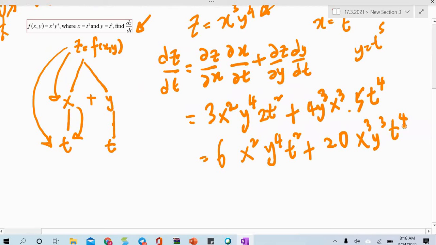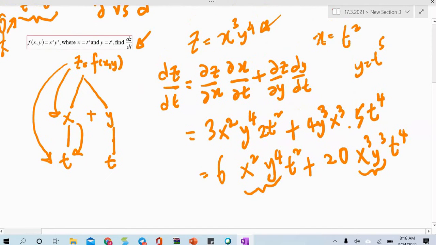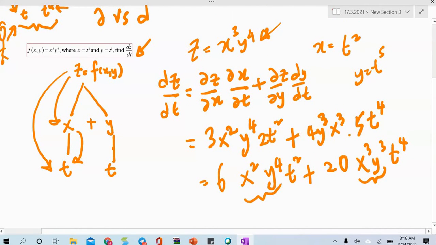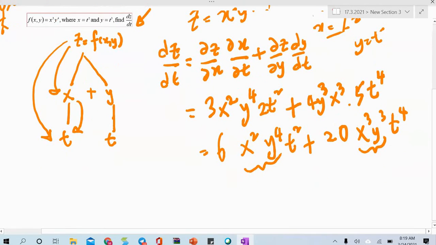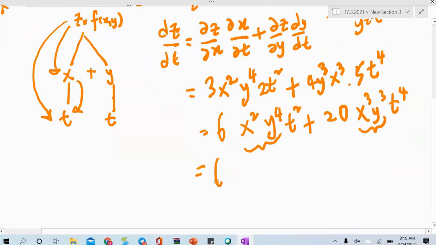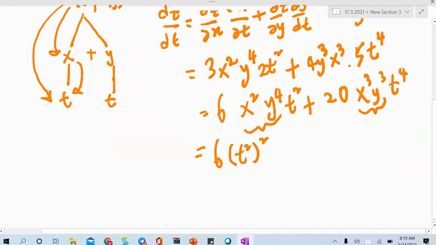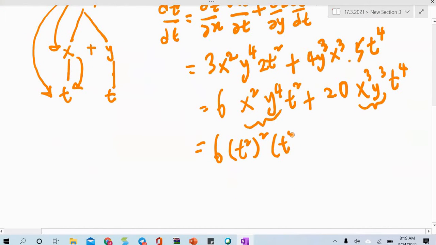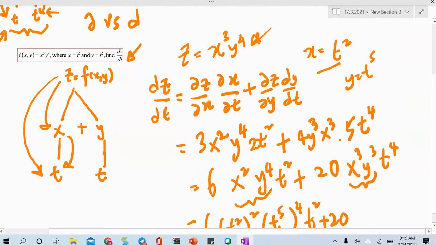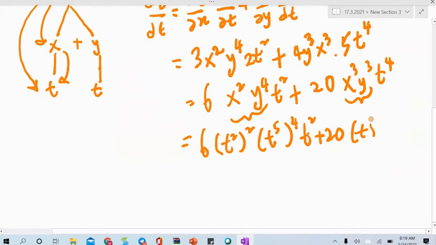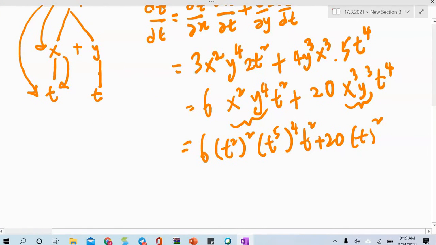Then you have to change this in terms of t. So your x is t squared and your y is t to the power 5. x is t squared. y is t to the power 5. 20 remains. Your x is t squared. y is t to the power 5.